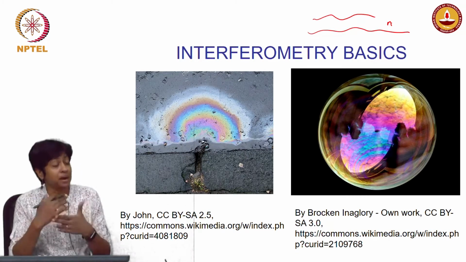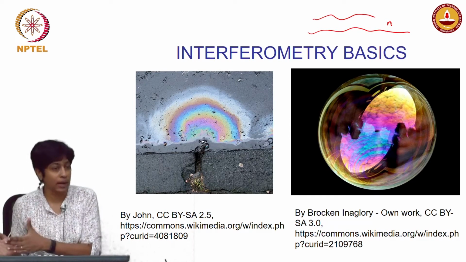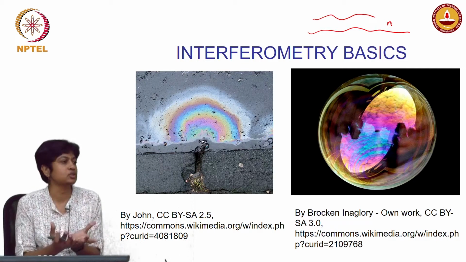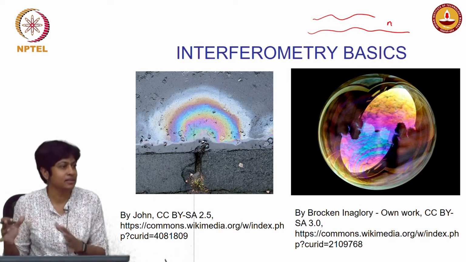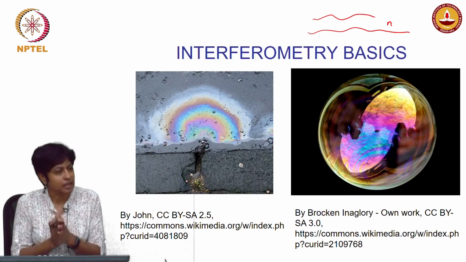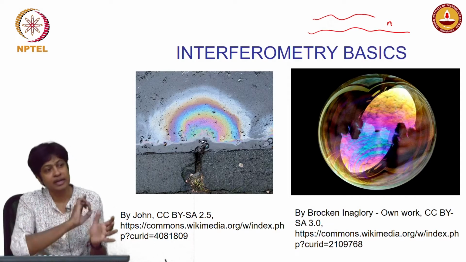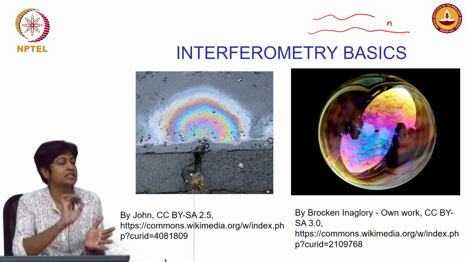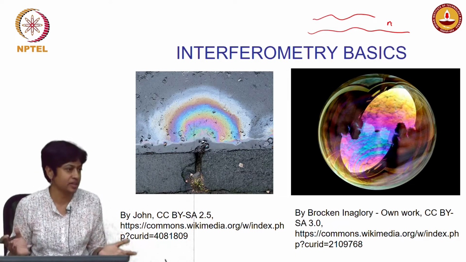Whenever the path length difference matches some condition for one wavelength, that wavelength is going to be predominant. And this will get clearer as we go along. But think of the interference pattern as nothing but a graph that connects the points with the same optical path length or the same phase.